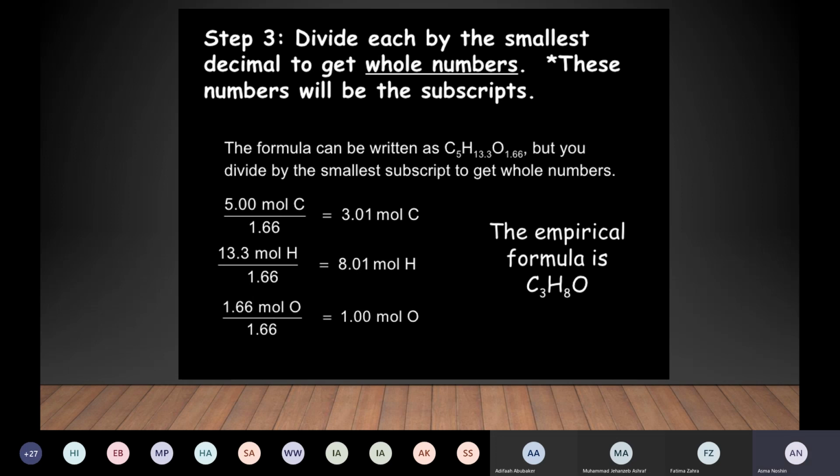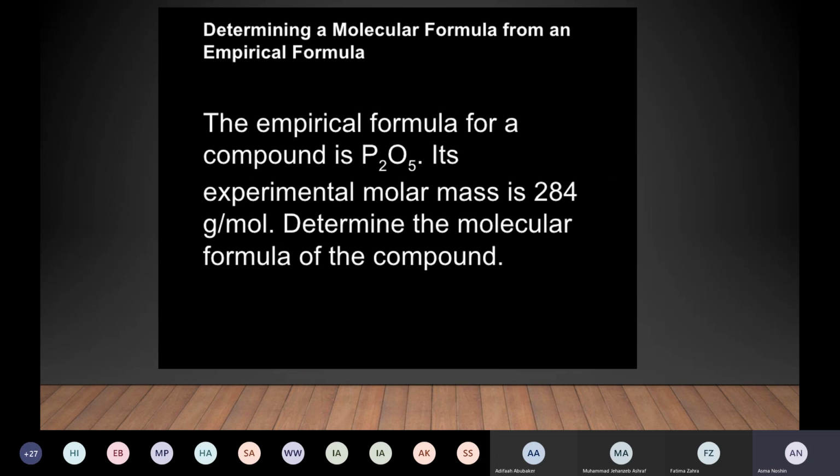So we will move on to molecular formula now. How to calculate molecular formula. Remember two things. To calculate molecular formula, empirical formula should be with you, and along with that, a mass will be given, the given molar mass. Yes.